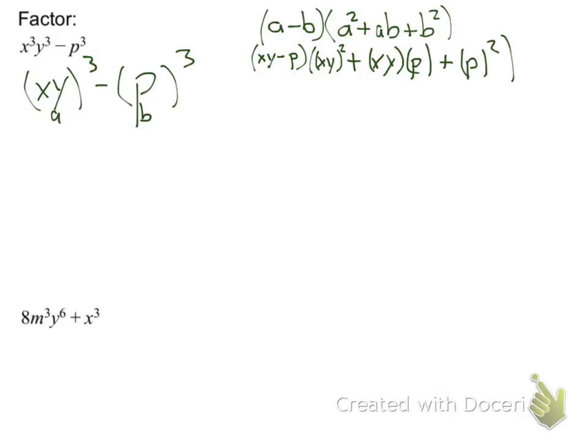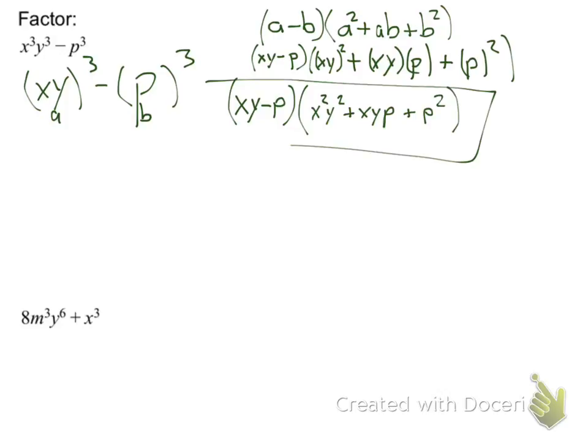So we just have to simplify that longer parentheses because xy minus p is already simplified. So xy minus p, and when I square xy, I end up with x squared y squared plus xyp plus p squared. That, girls and boys, is your answer.